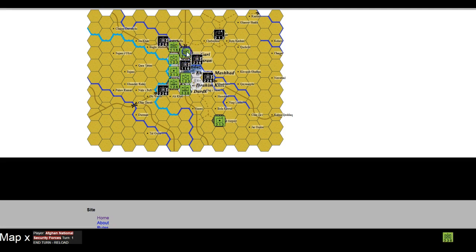We've got a big hitter there and a big hitter there, but everything else is just rubbish. Now, they probably want to protect their artillery in some way, so the best way to do that is to stack it up with something. Perhaps in that stack there, because that's a nice strong stack.